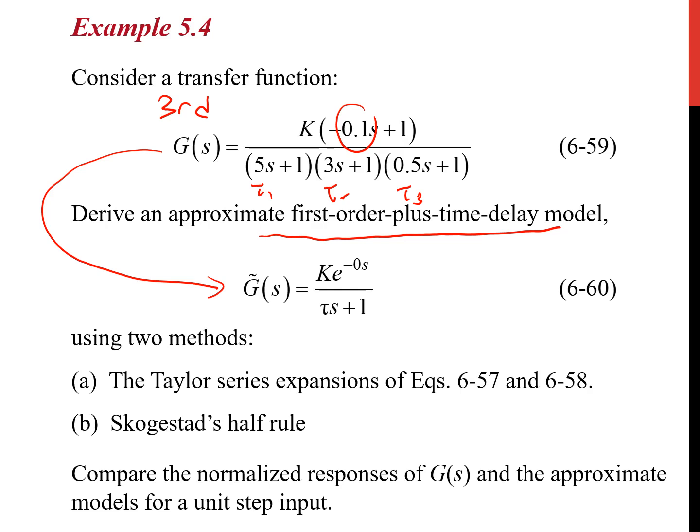So here the K still the same, it didn't change, but here you have the exponent negative theta s and tau s plus 1. The original has 1, 2, 3 time constants. So how can these 3 time constants be changed into 1? We try to apply two methods. First is the Taylor series expansion, and the other one is the Skogestad half rule.